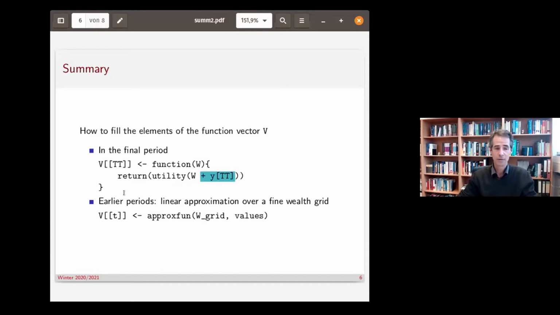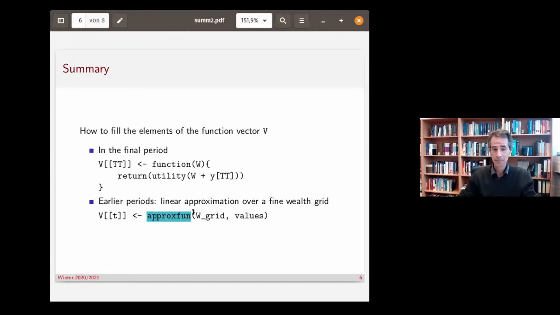And then for all earlier periods, we do not know the functional form of the value function, and therefore we have to approximate it. We do so by linear interpolation. There are other methods, of course, but here we taught you to use linear approximation.